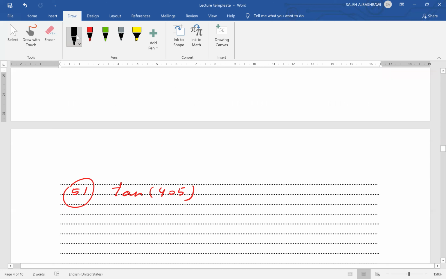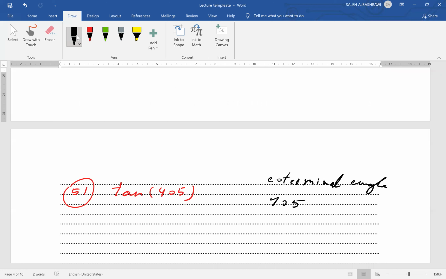And since this is greater than 360, we are going to find the coterminal angle. To find the coterminal angle, it is 405 minus 360 equal to 45. And 45 is in the first quadrant. So this 405 will be in the first quadrant.